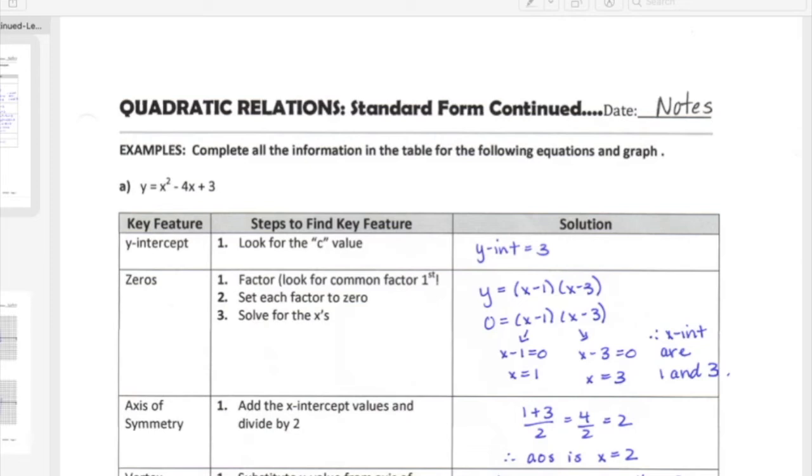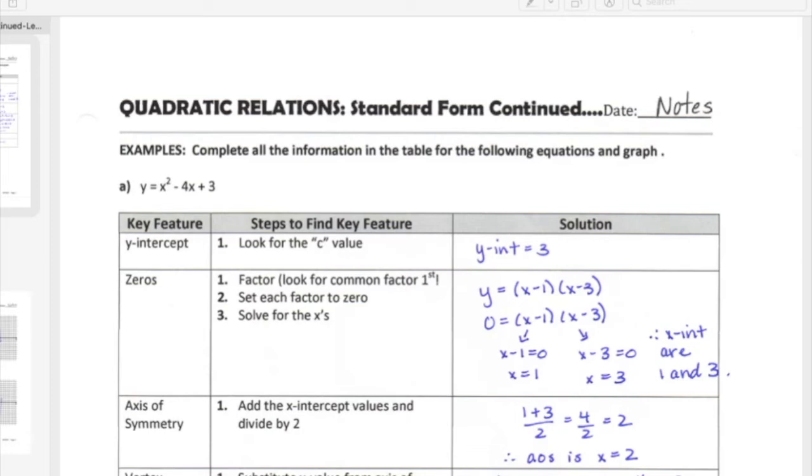The first thing we want to be able to do is to look for the c value, because that, remember, is our y-intercept. That plus 3 at the end of the quadratic, that's our c value. So therefore that is our y-intercept. So y-intercept equals 3. So at positive 3 is where this parabola will cross the y-axis.